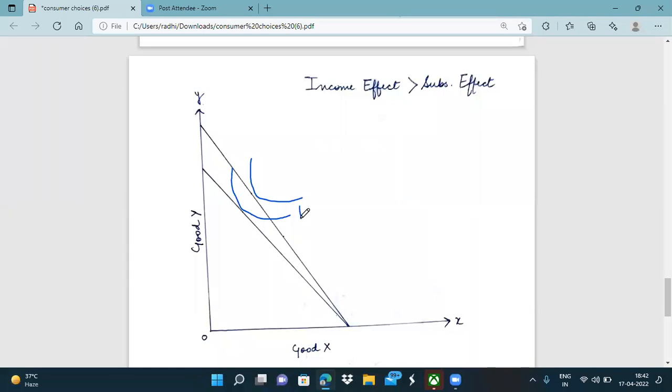So let this be our indifference curve 1 on our initial budget line, and let this be indifference curve 2 on the new budget line. So this will be our initial optimum, and this is going to be a new optimum.